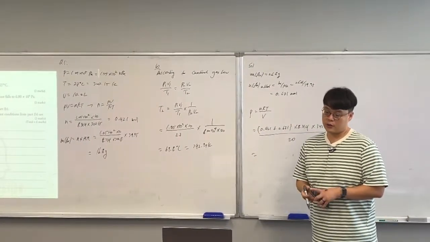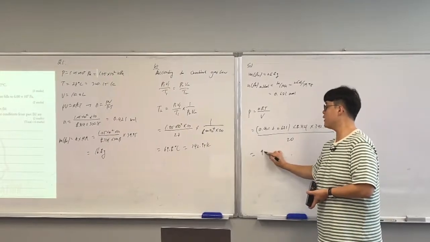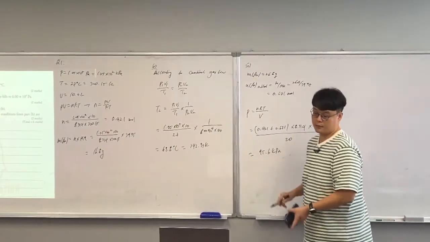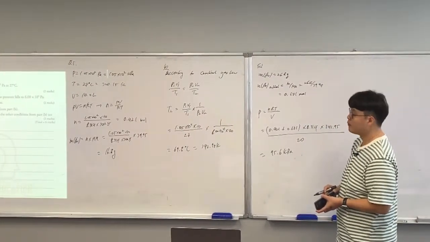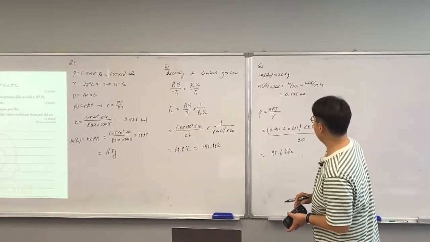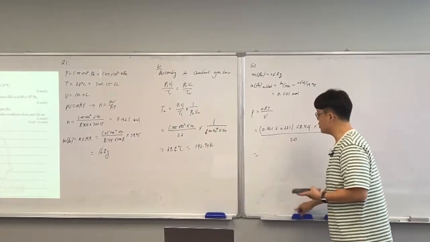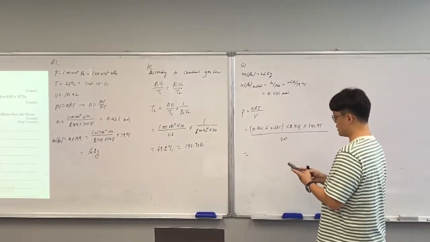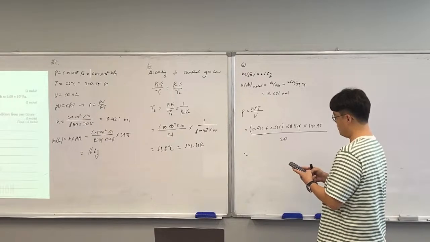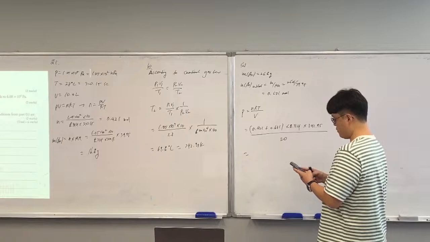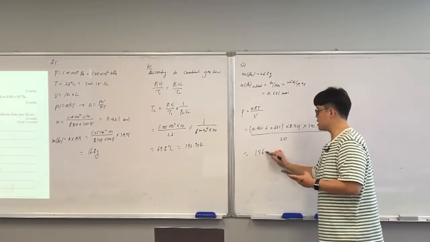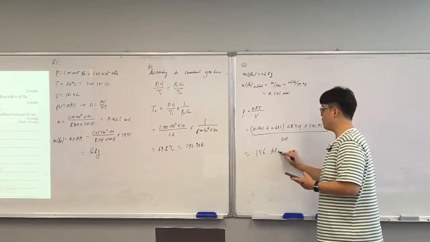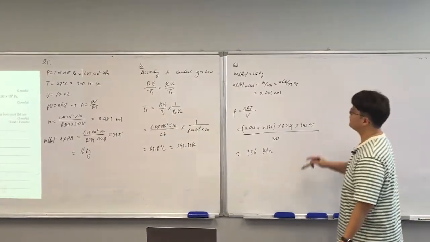As you do so, you'd get a pressure of 95.6 kPa. No, it's not really right, there should be different values. So 0.421 plus 0.671, let's recalculate that, times 8.314. Yep, 156 kPa. This would be the final answer then.